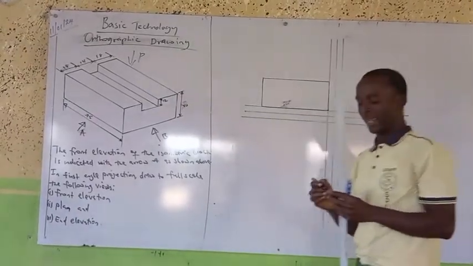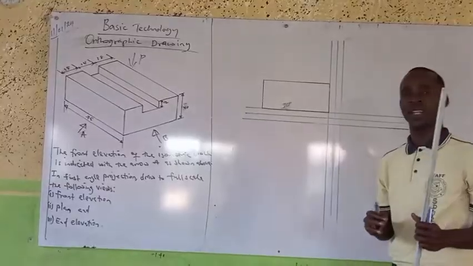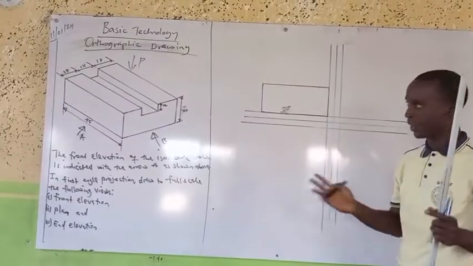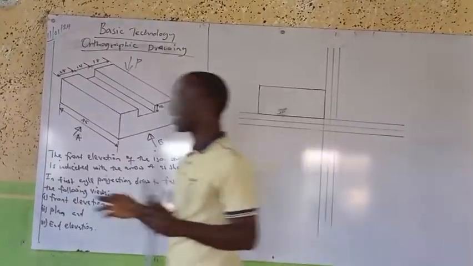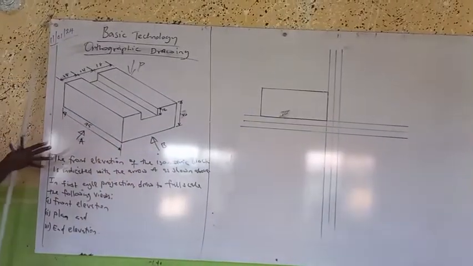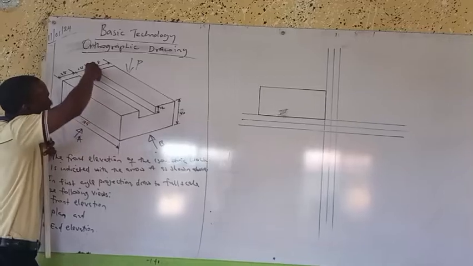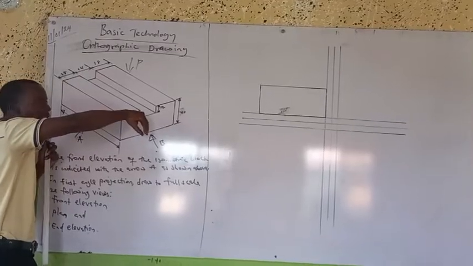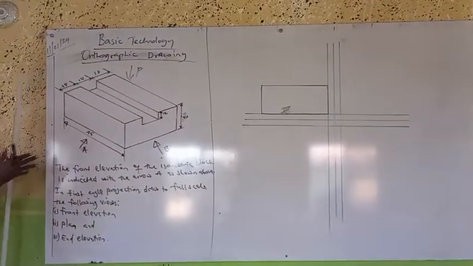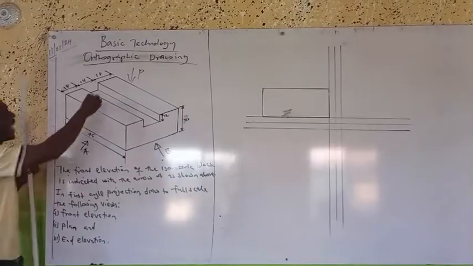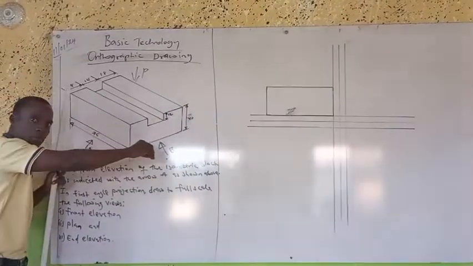Now the question is, is this all about the front elevation? The answer is no. If you look at the front elevation from this view, arrow A, you will see that this place has been cut off. And when you view it from the position of arrow A, you will see that this place will be hidden.